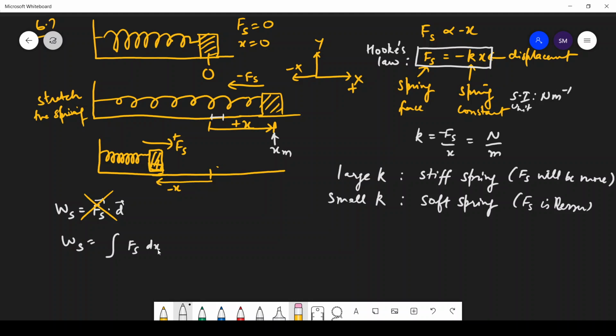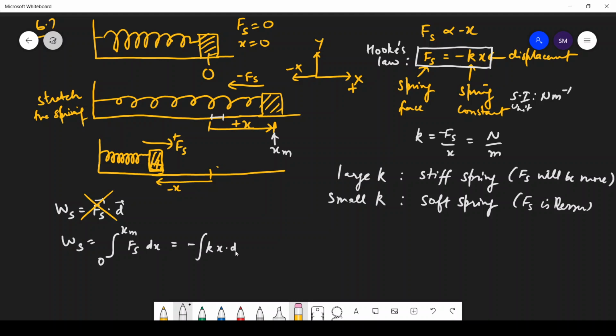And what does x vary from? x varies from 0 to xm. Okay, students, now put the value of Fs, which is equal to minus kx. So minus kx dx, and minus you can write outside also.